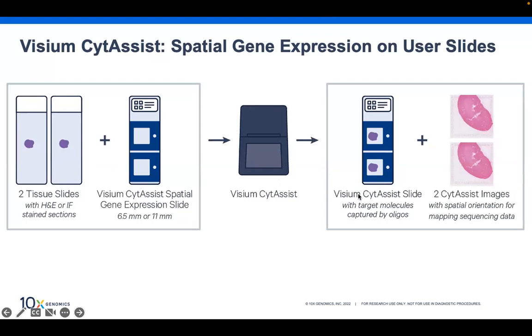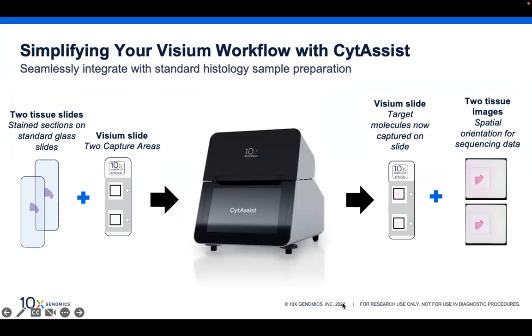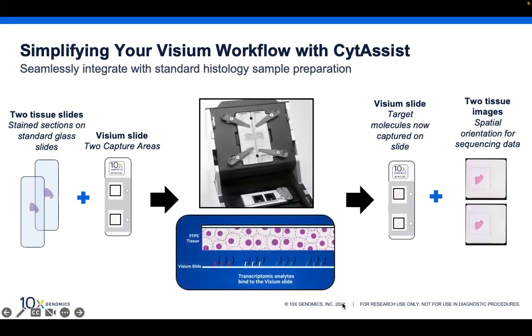That's what we refer to it now. Output is your Visium slide with analytes on top. And then the CytAssist also captures 2 images as well, as soon as the run is complete, actually upon closing the lid. And I'll touch on this part of it as well to give you an inside look.